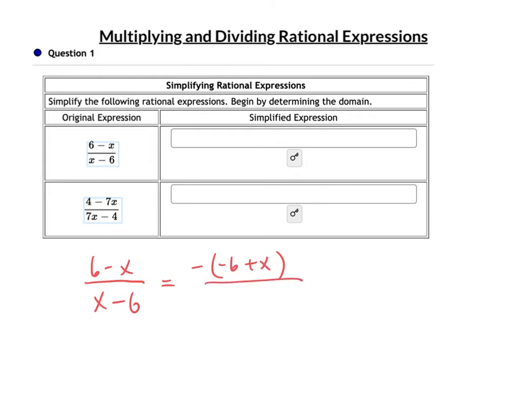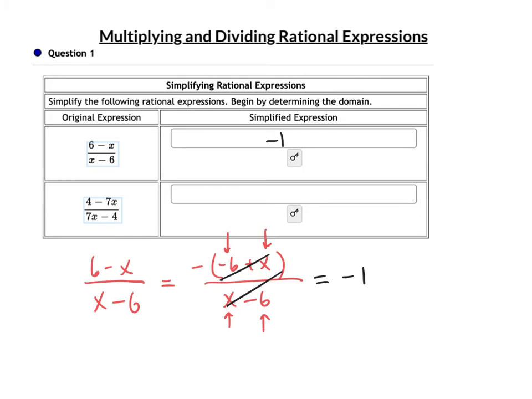At that point, you can realize that negative 6 plus x is also x minus 6. The x is positive, and the 6 is negative. They are, in fact, the same exact thing. They cancel. Now, be aware, when you cancel, they become 1s. So this is actually just negative 1.